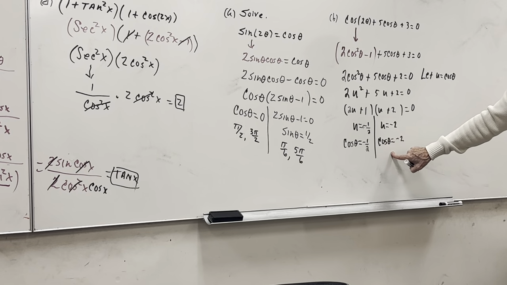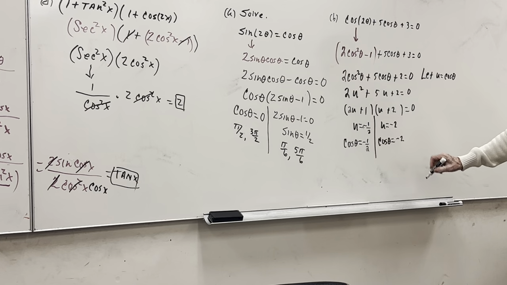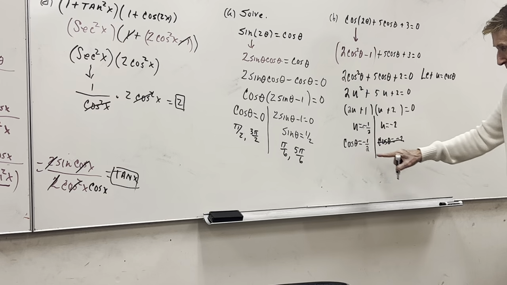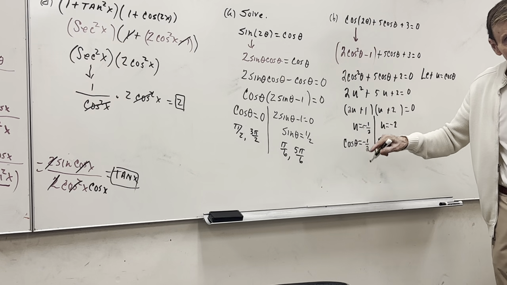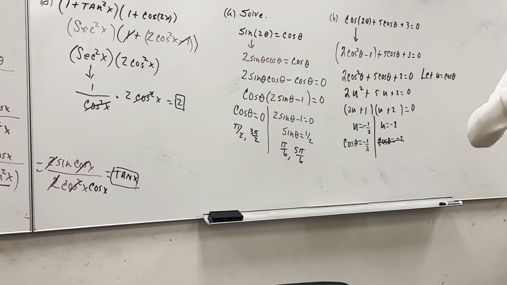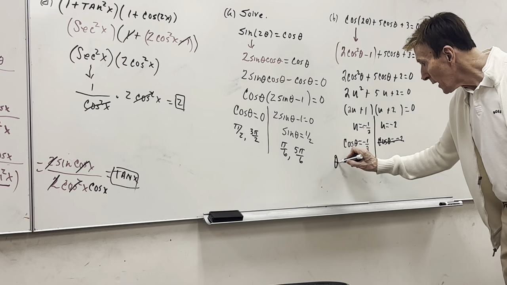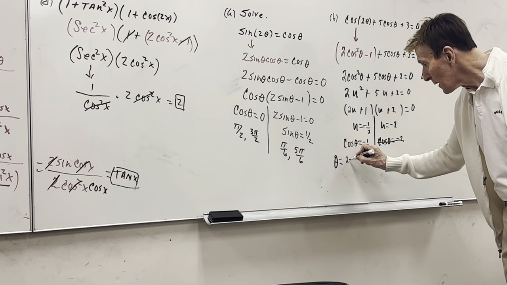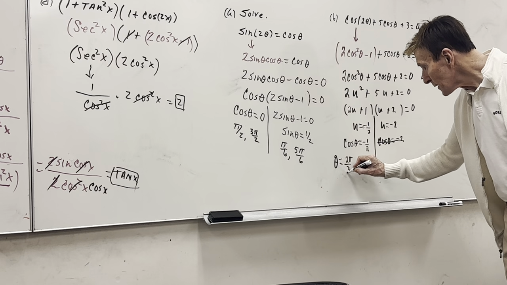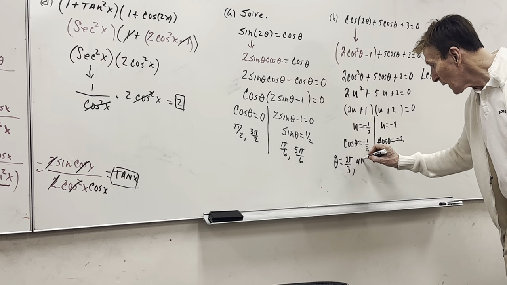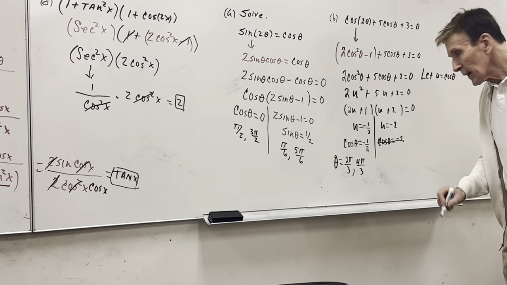The cosine parent graph drops down to a minimum of -1, so this is out. Can't use it. This, though, from the unit circle, you have to recognize, where have I seen cosine, the x-coordinate, equal to -1/2? 2 pi over 3, and 4 pi over 3. And you're finished.